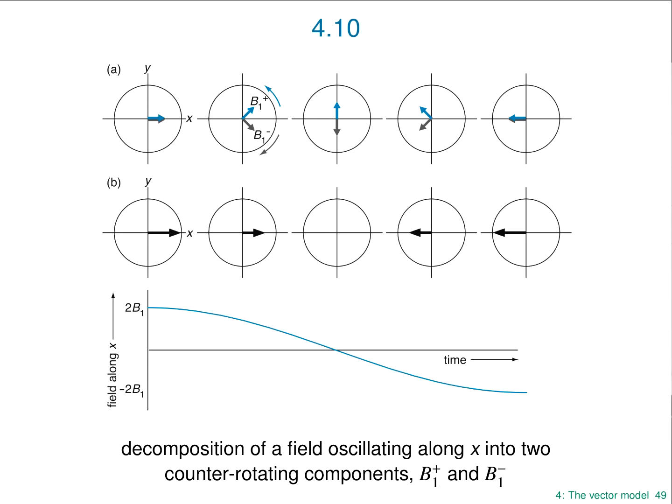Now, for reasons that will become apparent in a minute, it's convenient to think of this linear field as being the result of two counter-rotating fields. And that's what's illustrated in line A. So what you say is, if I have two magnetic fields, one of which rotates this way, I call that one B1 plus, and one of which rotates this way at the same frequency, I'll call that B1 minus.